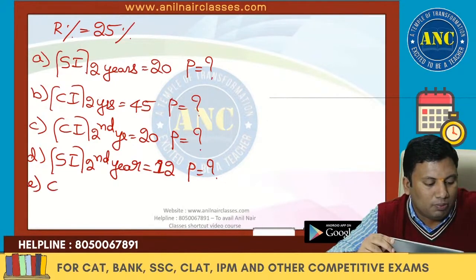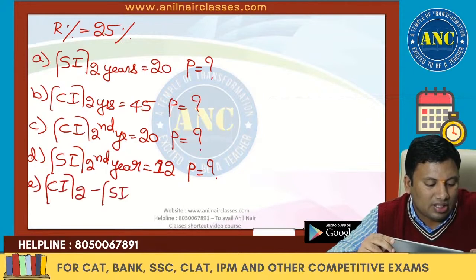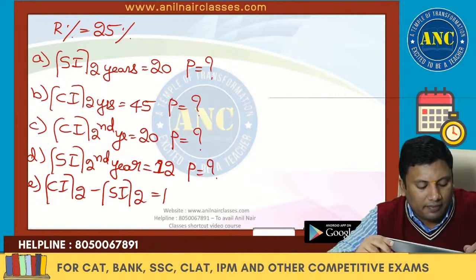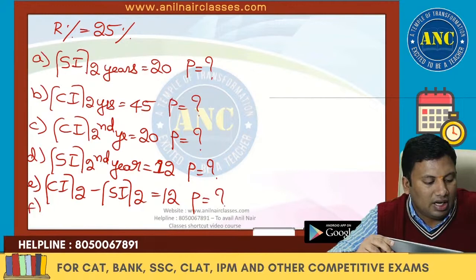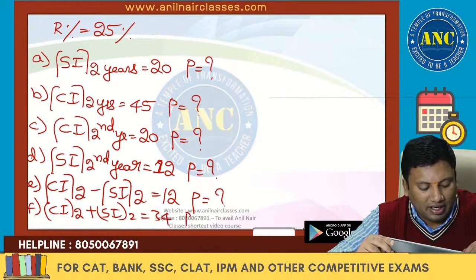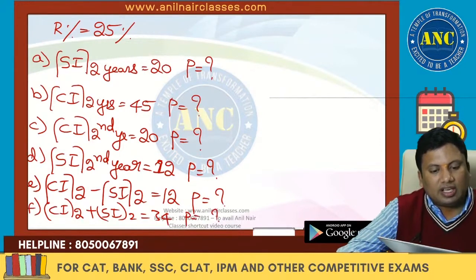CI for 2 minus SI for 2 is nothing but 12. Find the principal. CI for 2 plus SI for 2 is 34. Find the principal. Let us solve these 6 questions.